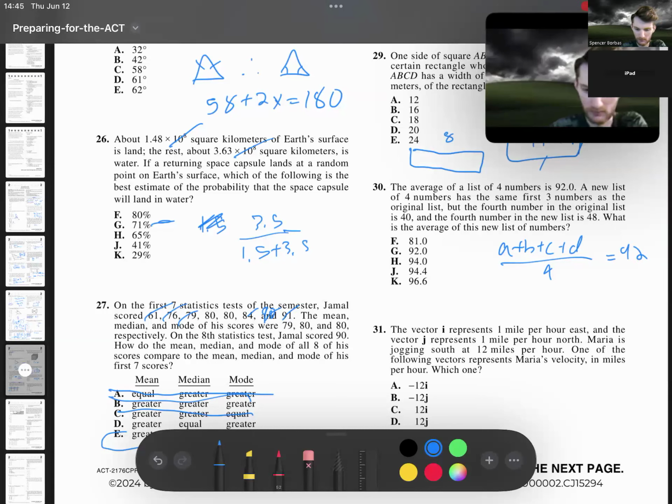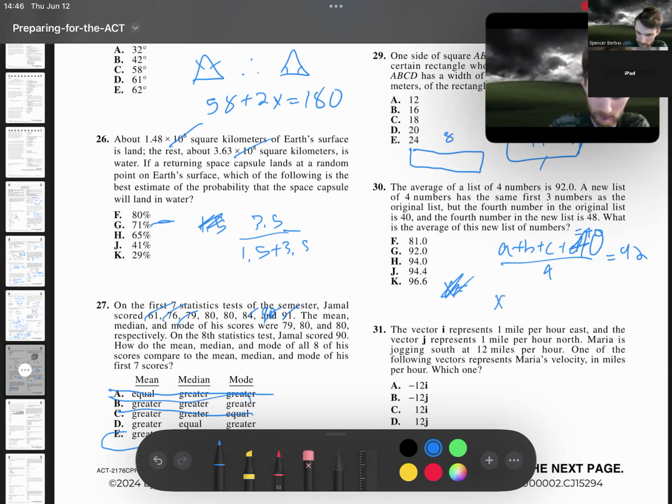The new list of... okay, so D equals 40 here. Okay, let me just say A plus B plus C equals x.